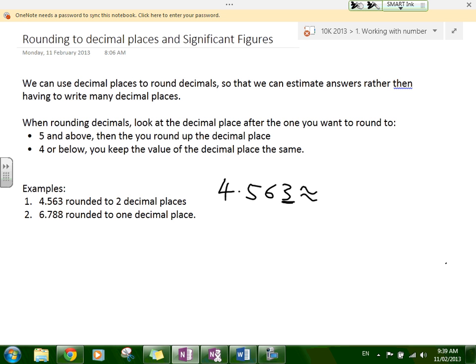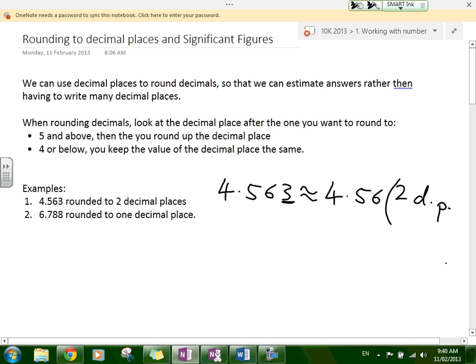So what are we going to do? Round it up, keep it the same. Yeah, we're going to keep it the same. So if the next one along is lower than 5, which 3 is, then this one stays the same. So we just write it as 4.56. Always put how many decimal places you've rounded. 4.563 is approximately equal to 4.56, 2 decimal places.